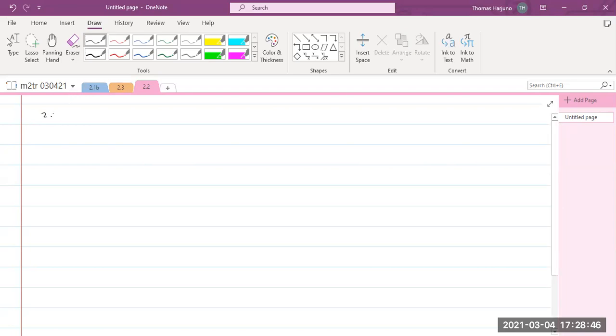So 2.2, they call that graph of equation, but I will focus on reflection. And later on, after that, I will introduce you to basic functions.